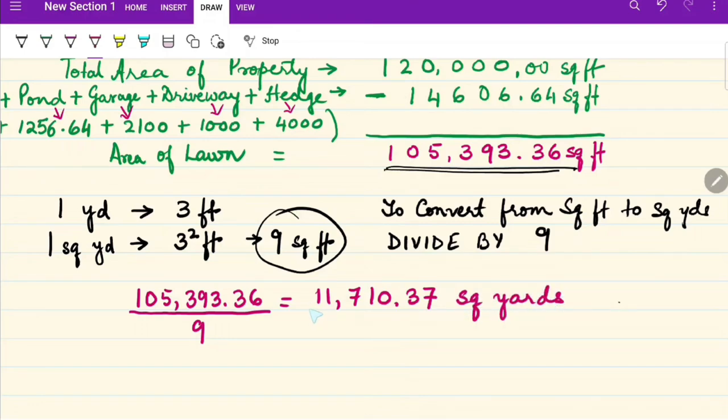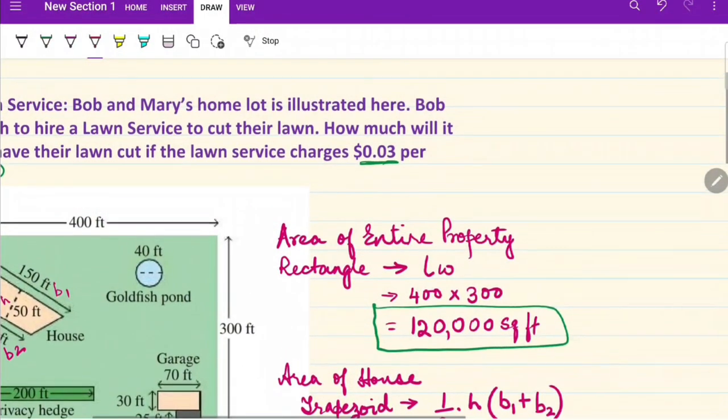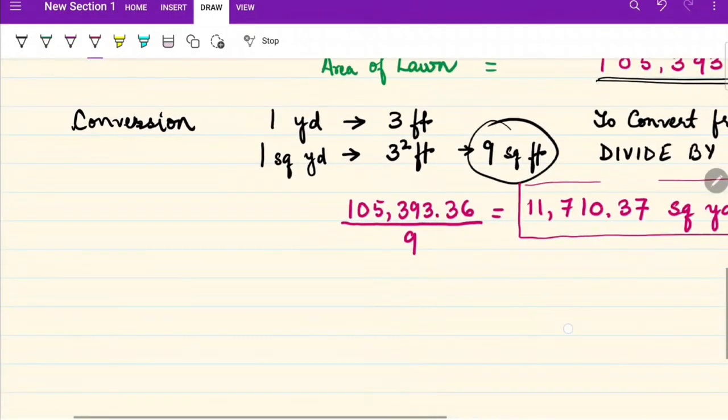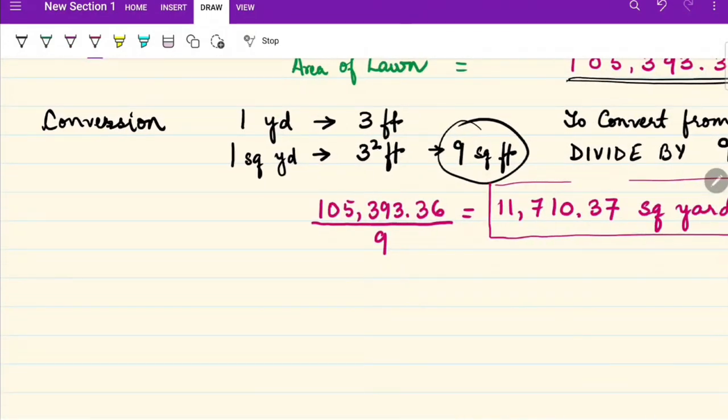So now that we have the measurement in square yards, we can apply the unit price of 3 cents per square yard, which is the same as saying that 1 square yard costs, to cut the lawn of 1 square yard, $0.03, which is 3 cents.